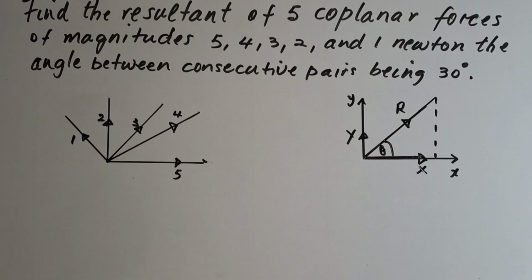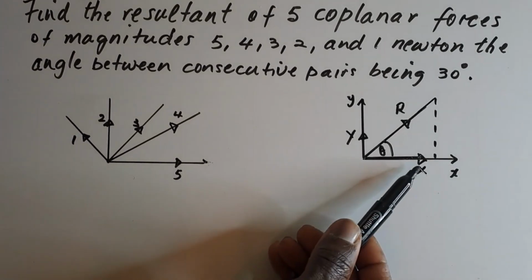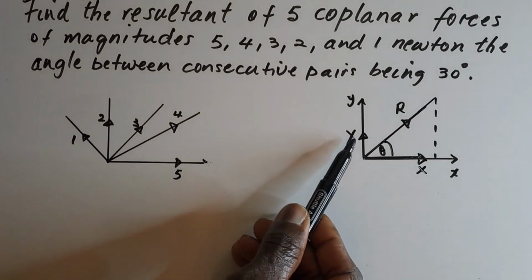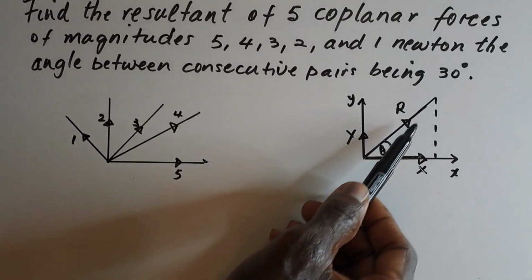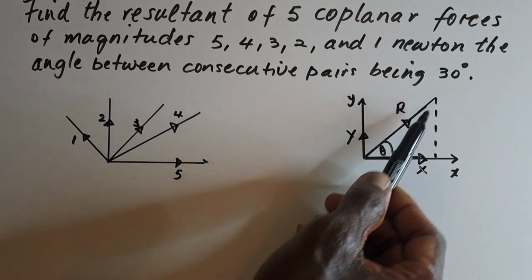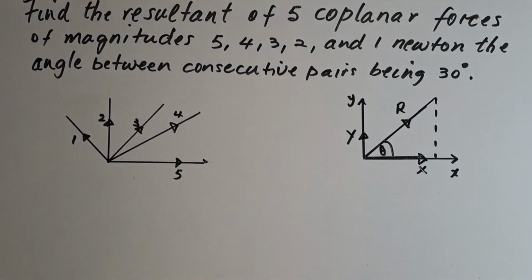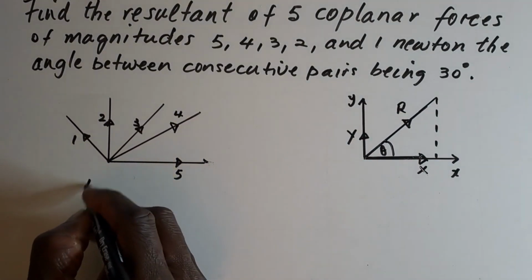Now if we let the resultant have these two components, big X and capital Y, for the components of the resultant R, let's write that.